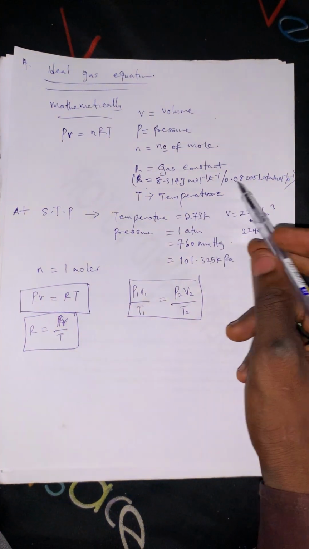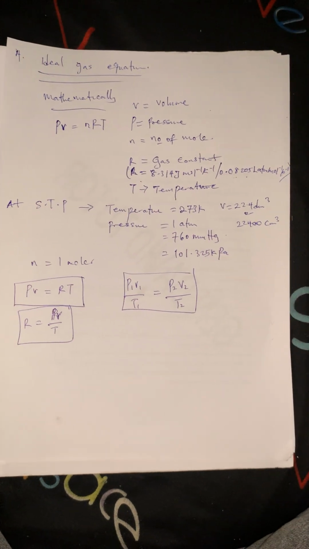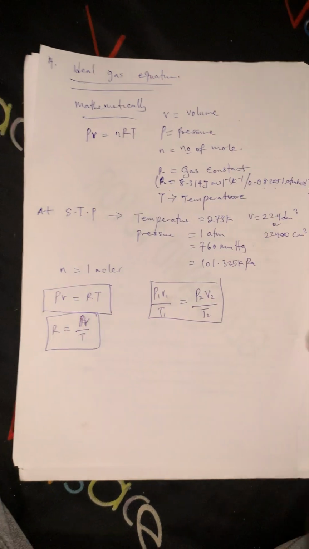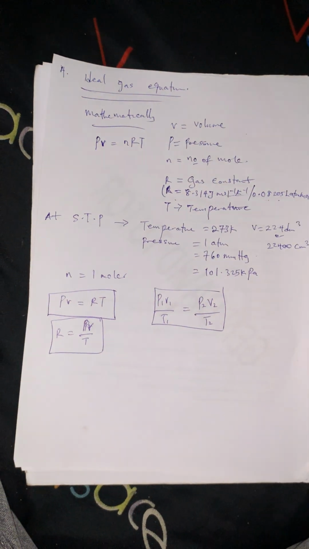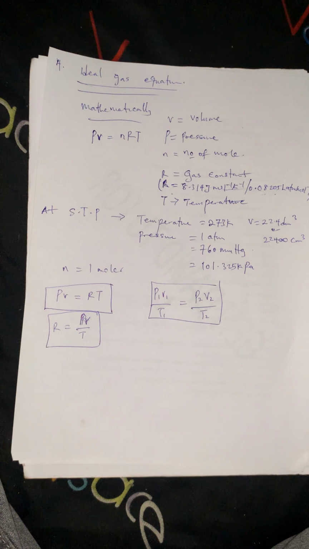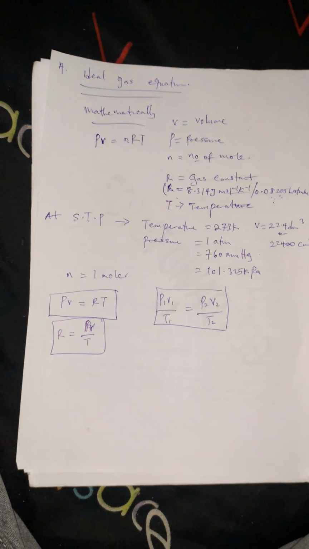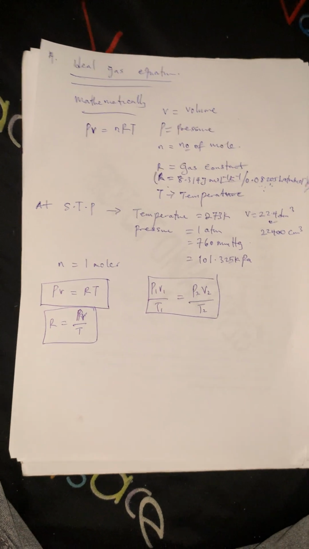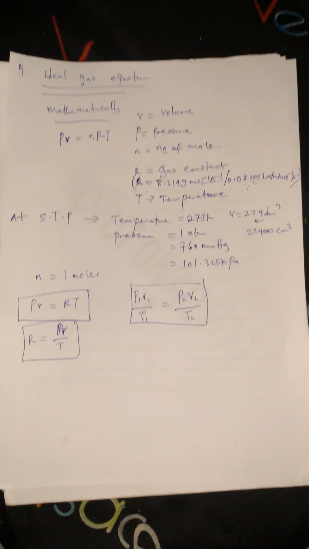So this one, 0.0825 atm dm³, you understand? I'm talking about the gas constant. You can also have it to be 0.08205 atm dm³ per Kelvin. So it's also part of the formula.